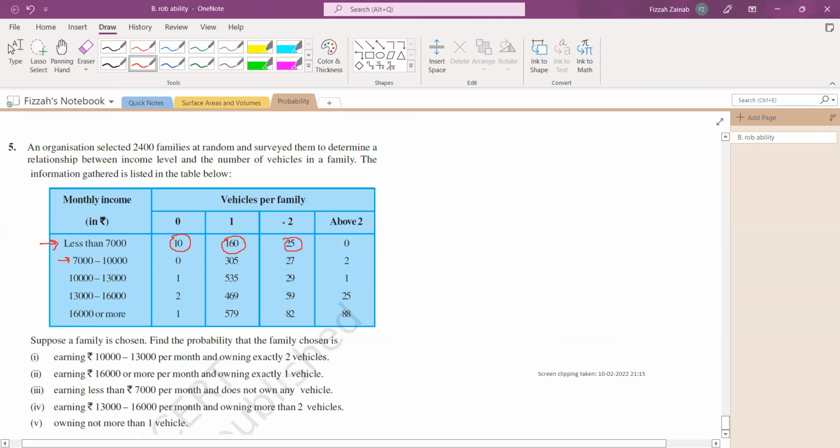Now you have to find, suppose a family is chosen. Find the probability that the family chosen is earning rupees 10,000 to 13,000 per month. So which category you have to look here? This one, right? And owning exactly two vehicles. Exactly two means this data, right?